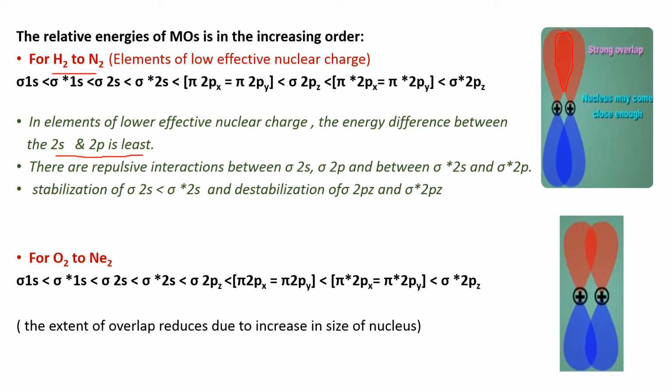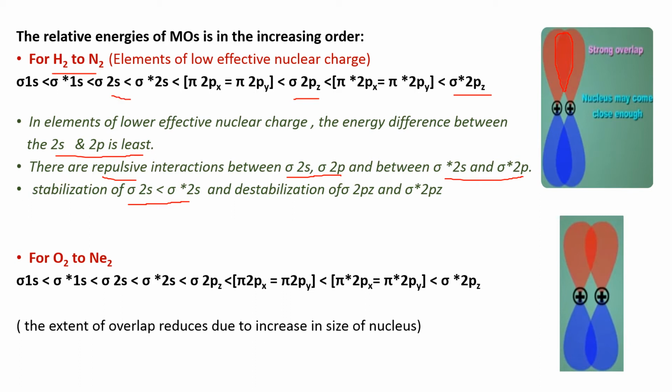orbitals of the same type, that is 2s and 2p orbitals. These interactions are essentially repulsive, between sigma 2s and sigma 2p, that is bonding orbitals of 2s and 2p, and antibonding orbitals of 2s and 2p. Because of these repulsive interactions, there is stabilization of sigma 2s and sigma star 2s, and destabilization of sigma 2pz, that is bonding 2pz and antibonding 2pz.